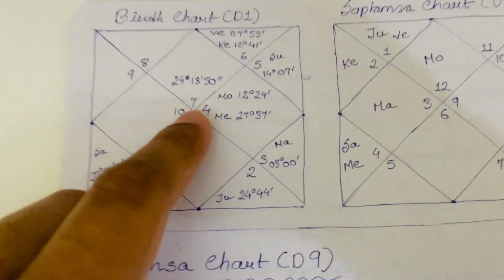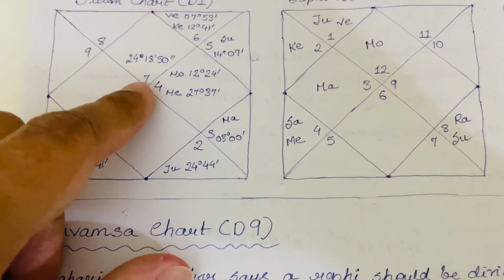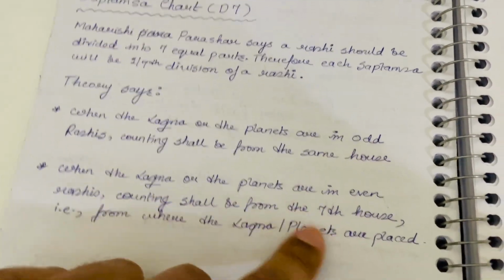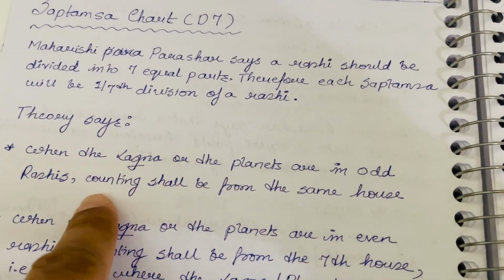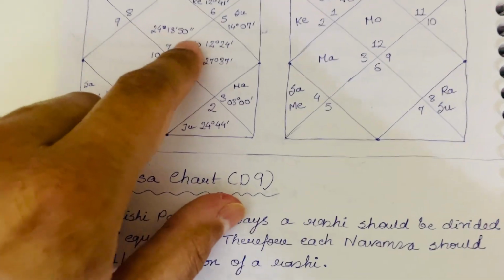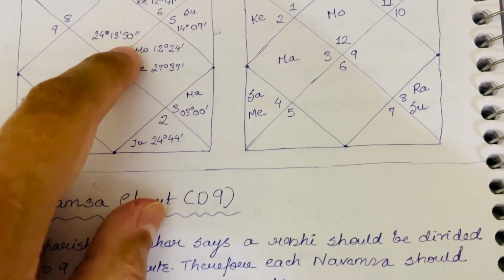The first lord, or the Lagna lord, is 7, right? 7 is an odd sign. If it is an odd sign, what does the theory say? Theory says when the Lagna or the planets are in an odd Rashi, counting shall start from the same house. So counting will start from here. And what will the counting be? That will depend on this particular longitude value.